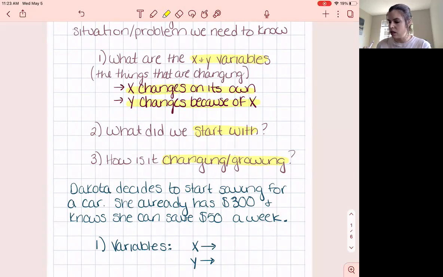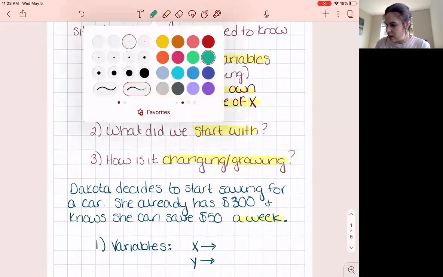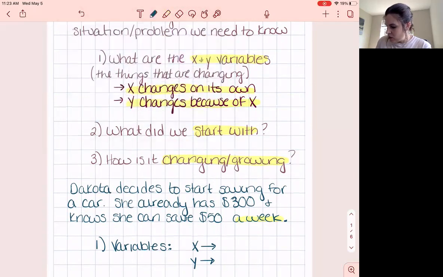So in this story, I see the word weeks. So I know that my X variable is going to be weeks. And if we want, we could even add that up into our purple notes that usually X is some kind of time. So weeks, years, days, whatever. And then as time goes on, what will be changing in this story?